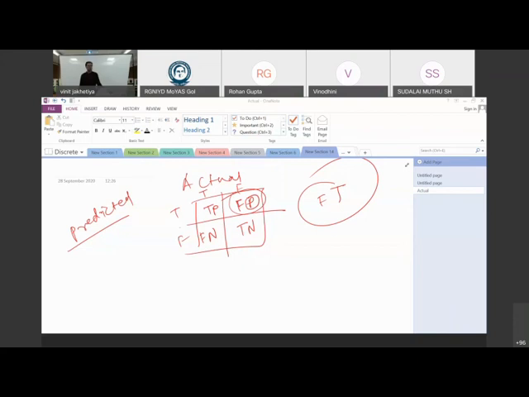Can you please type it in the chat box? Meanwhile, we can take another question. Yes, meanwhile Rohan is typing.